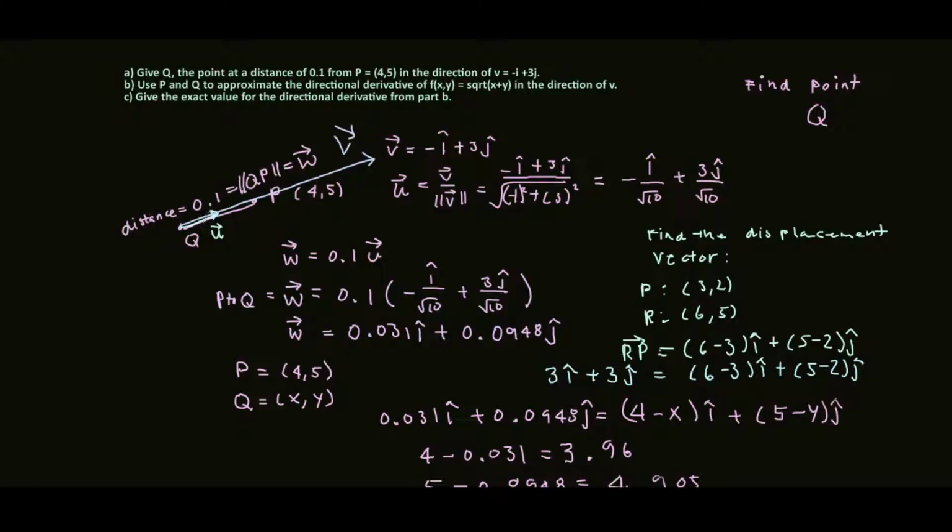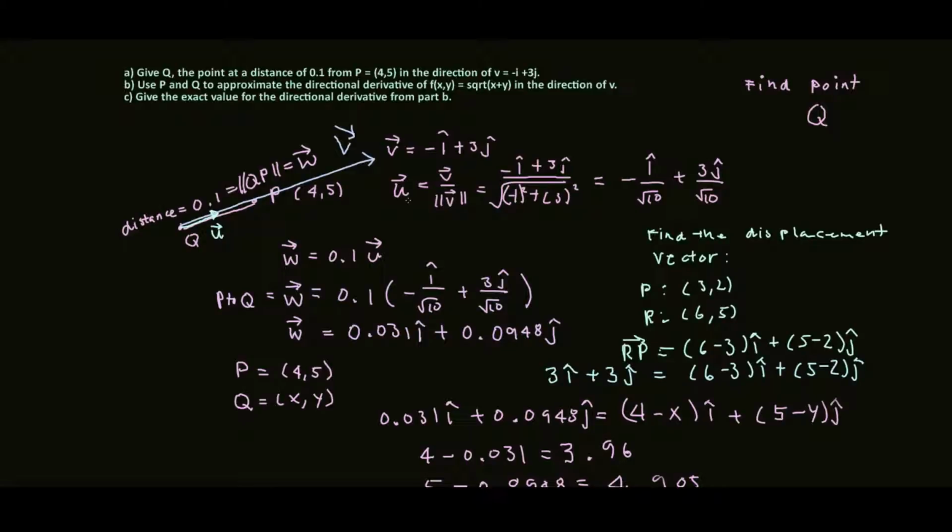So the unit vector is in the direction of P to Q or Q to P. Once we normalize this vector to get the unit vector, we can use this unit vector to find any other vector that is a scalar multiple of u.